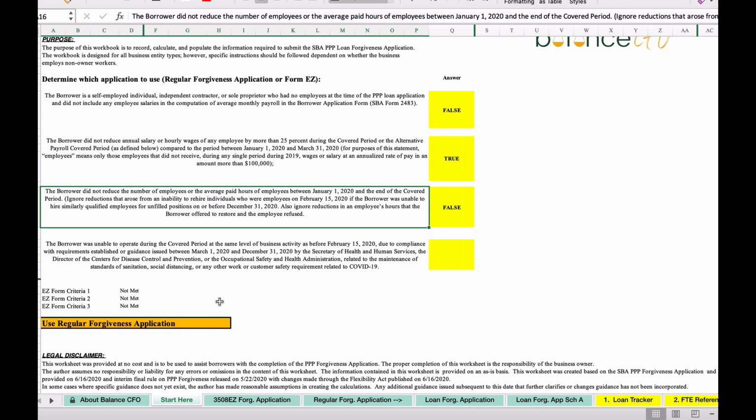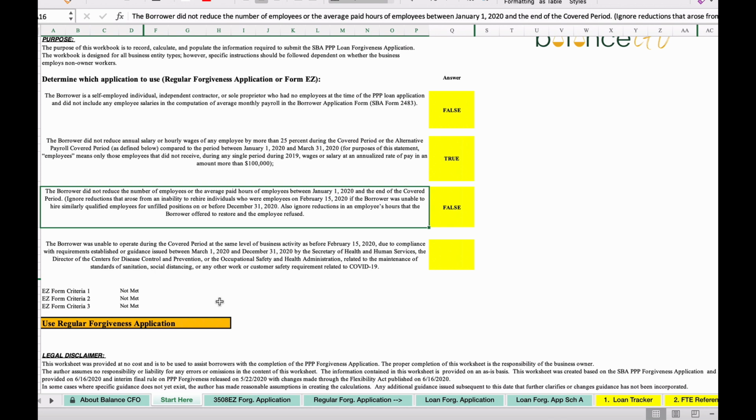What that is really saying is if you couldn't operate at your same level between when you got your PPP money and when your covered period ends because of what's going on with COVID, and that doesn't mean because demand went down, but perhaps you had to shut your building down because you were under a government mandated shutdown.